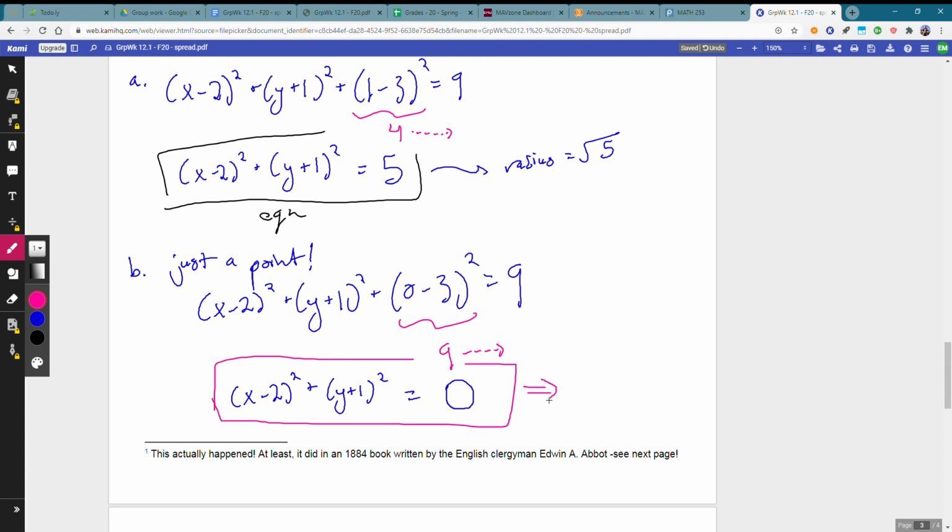Otherwise, if it was anything positive or negative, when you square it, we get stuff that's positive and we wouldn't get 0 anymore. So this tells us that x minus 2 equals 0 and y plus 1 equals 0, i.e. x equals 2, y equals negative 1, and that is just a single point.